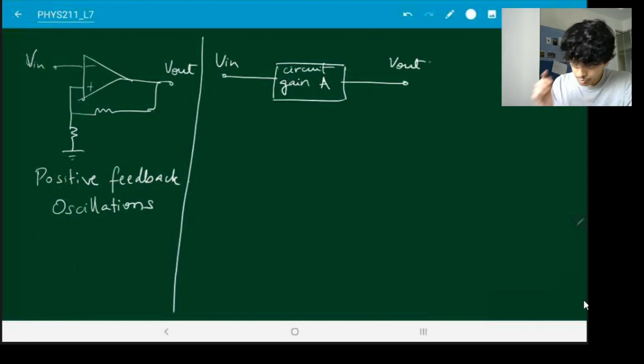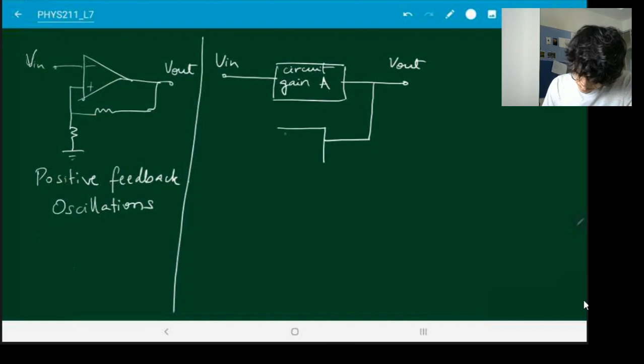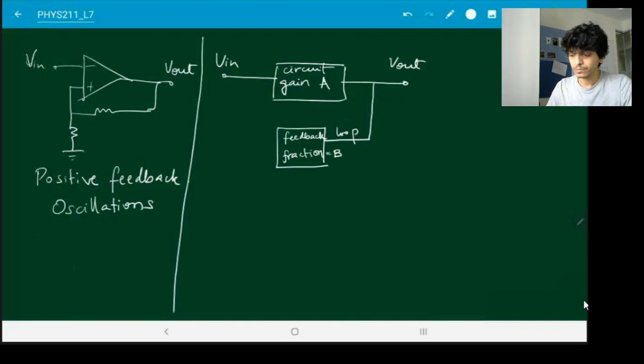And now what we are going to do is we are going to create a feedback loop, and the feedback fraction is what we call B. What we mean is that a fraction B of the output is taken and sent back to the input. So this is your feedback loop.